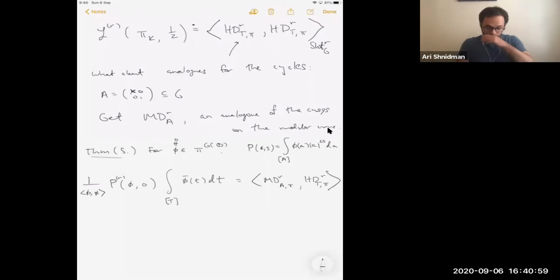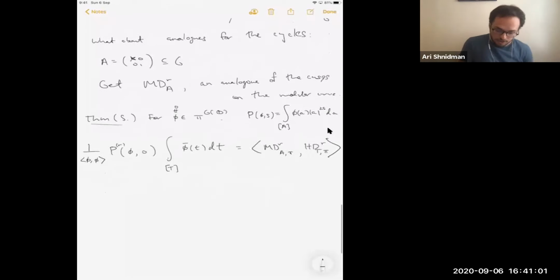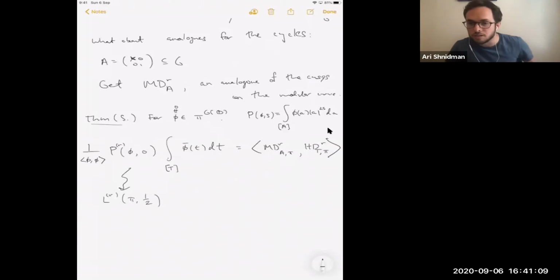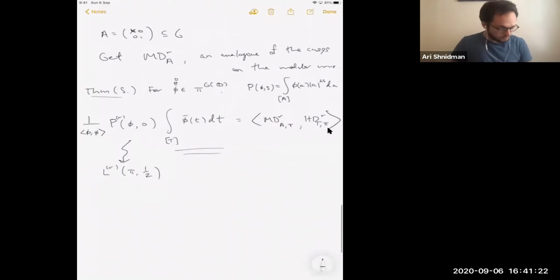The key thing is that this is essentially the r-th derivative of the L function of pi itself, no base change. And on this side, there's no differentiating or anything. That's a constant, this Waldspurger toric period integral. And on the geometric side, we have two different algebraic cycles, this Manin-Drinfeld cycle and the Heegner cycle.